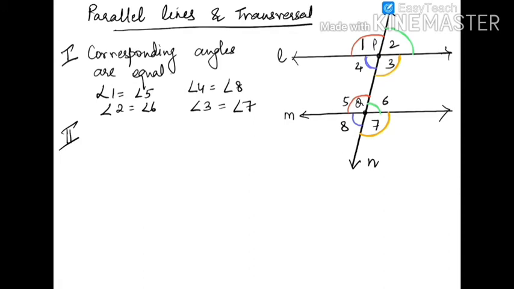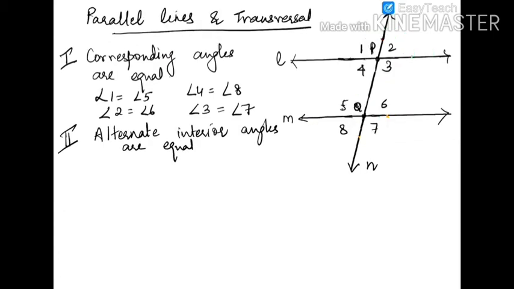The second property is that the alternate interior angles are also equal. So let's mark these angles in the figure. Angle 3 will be equal to angle 5, and angle 4 will be equal to angle 6.